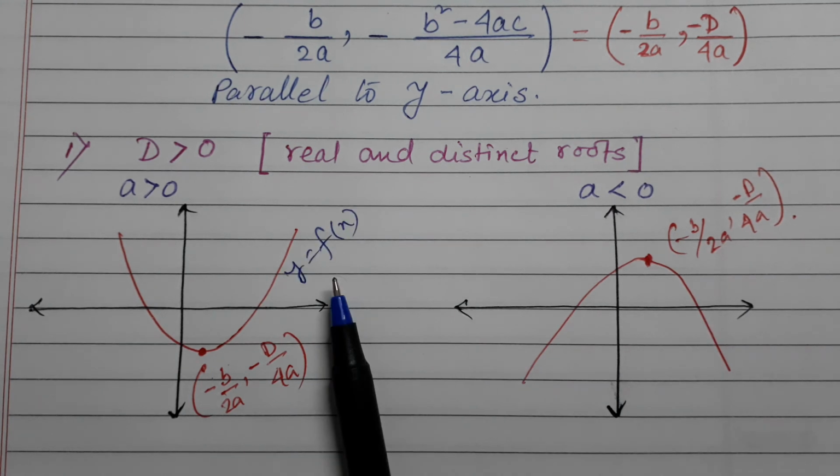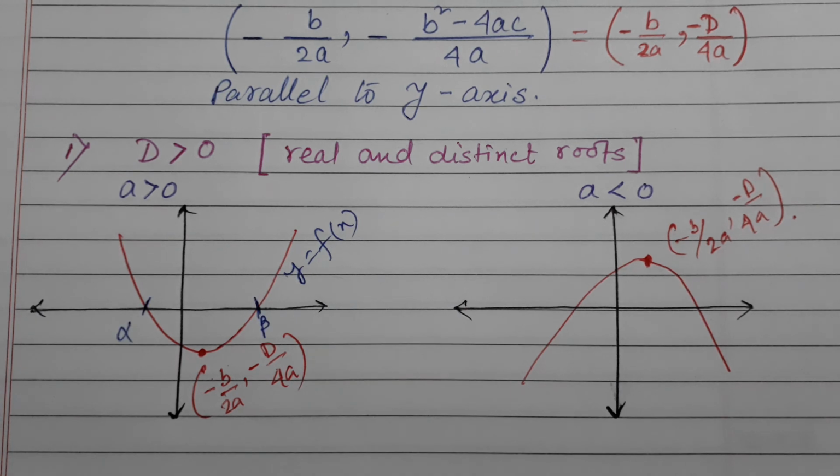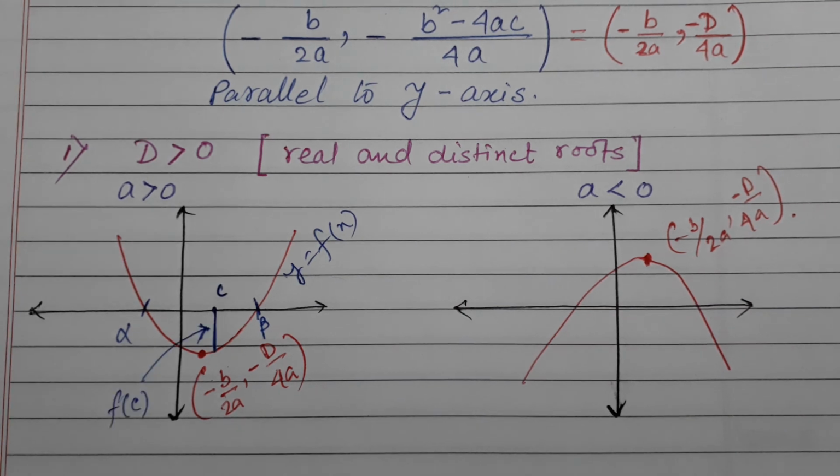Thus, we have drawn the curve y equals f of x, which is intersecting the x-axis at alpha and beta in these 2 points. Now we know from the concept of functions that for any point c, this directed height is called f of c.